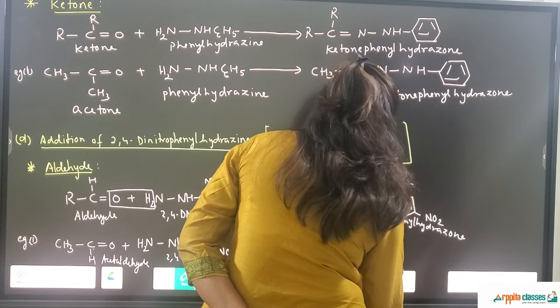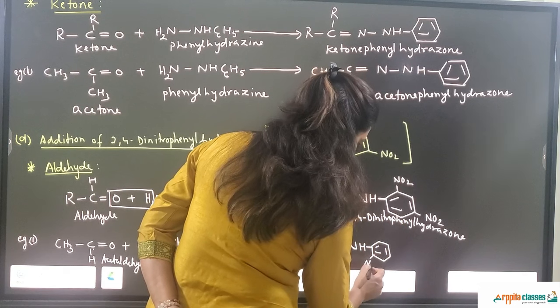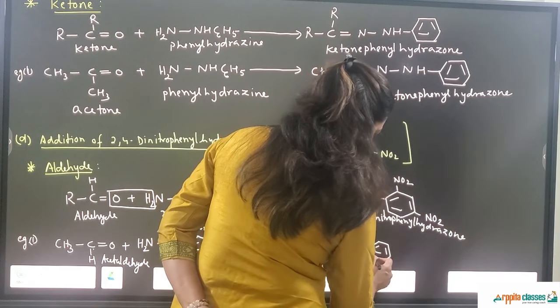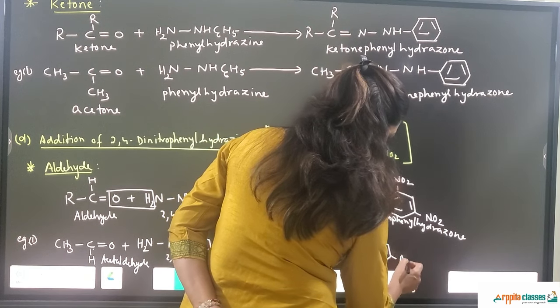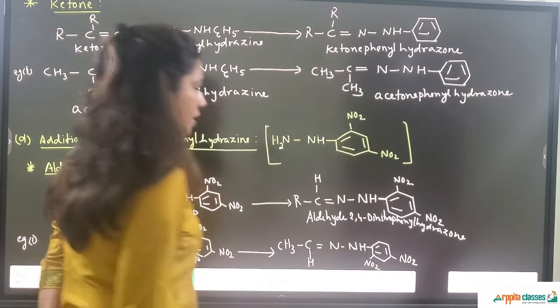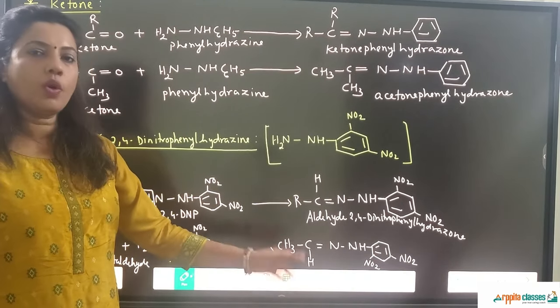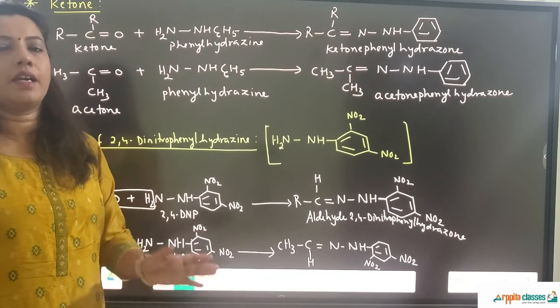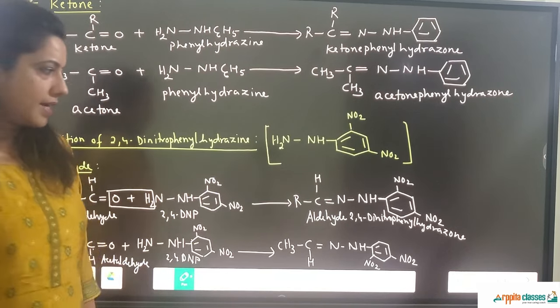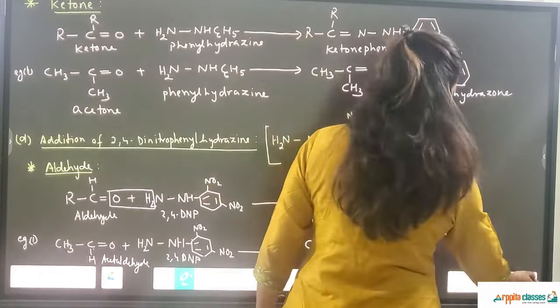In this you have to draw the phenyl group. I am adding the NO2 now here, second position, and 1, 2, 3 and fourth position is here. So this is the product. The name of the product will be acetaldehyde 2,4-dinitrophenyl hydrazone. The entire thing, acetaldehyde 2,4-dinitrophenyl hydrazone.